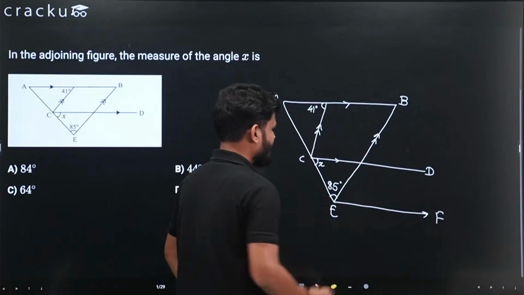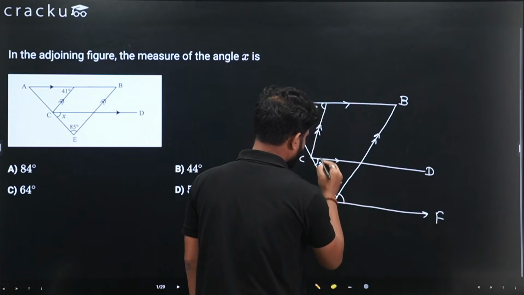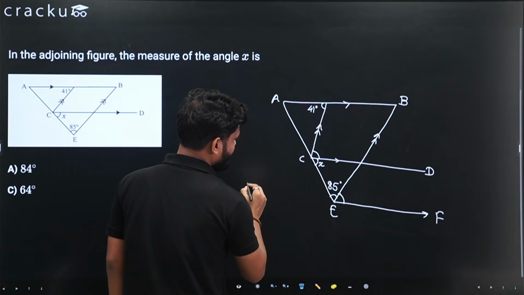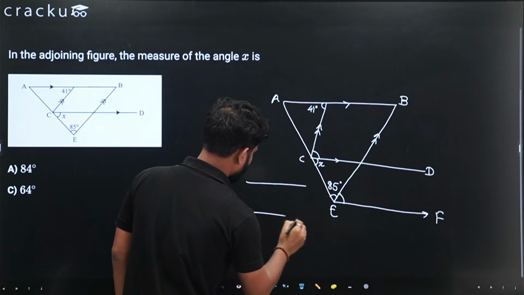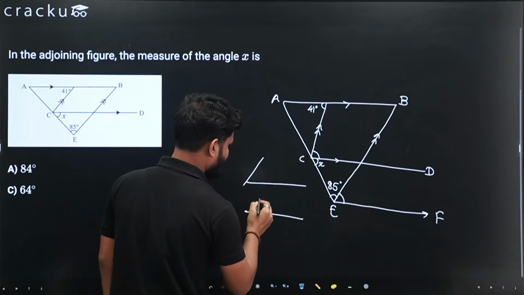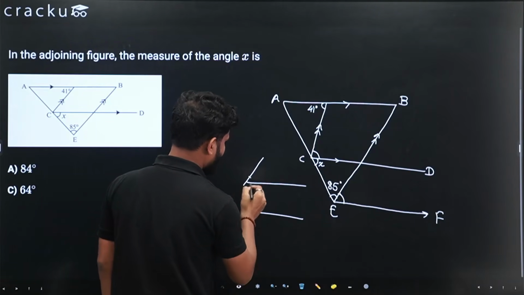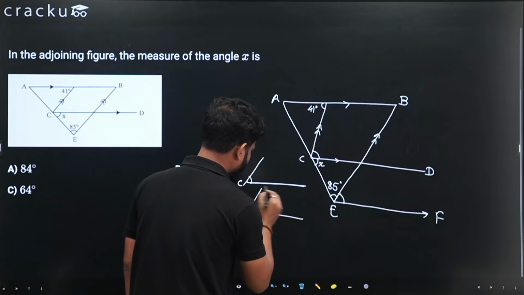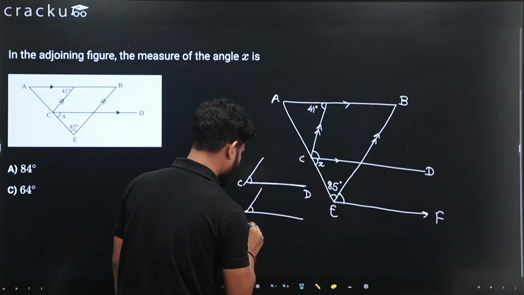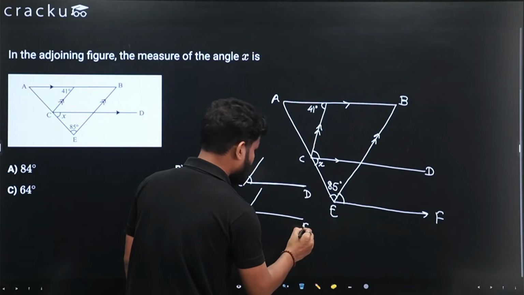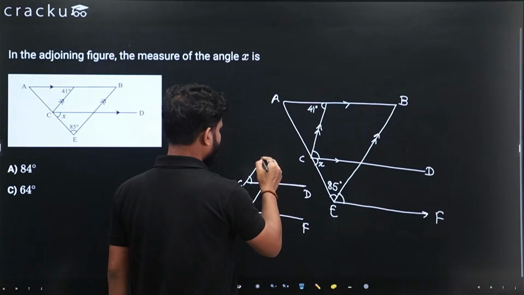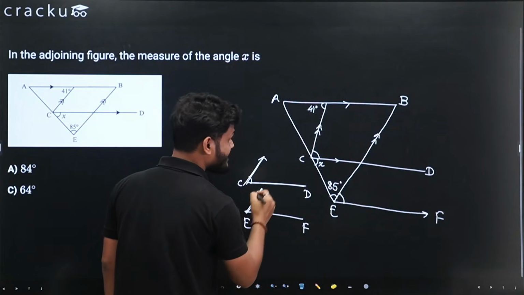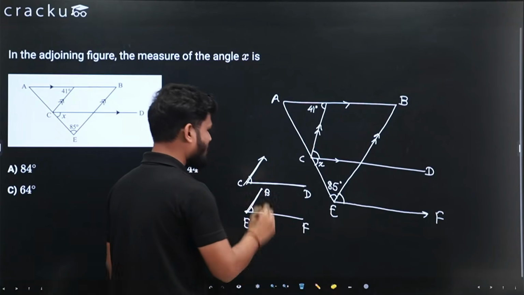Now if you see these two angles, this angle and this angle, these two angles will be equal. Why equal? Because this line which is CD is parallel to EF. Also this line and this line which is EB, they are also parallel.